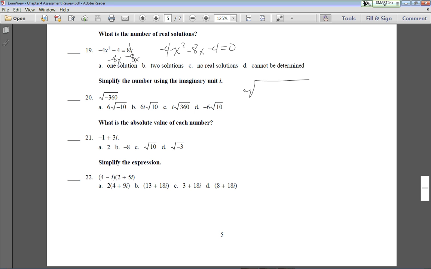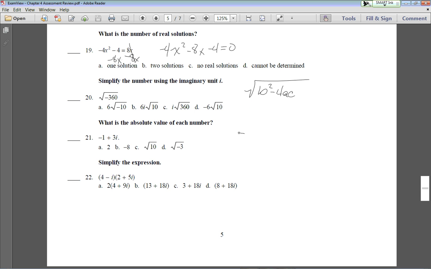Our discriminant, remember, is just the square root part of the quadratic formula, and it's more specifically what's underneath it.